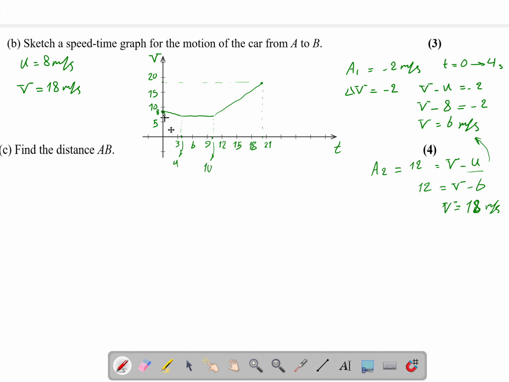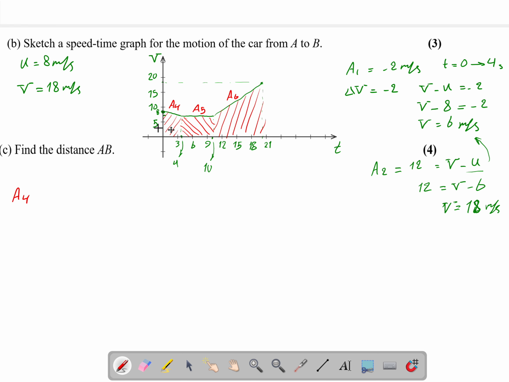So we can find the distance using this graph. We are going to find the distance using this area plus this area plus this area. So let's do it. Let me name it as A4 here, A5 here, and A6 here.